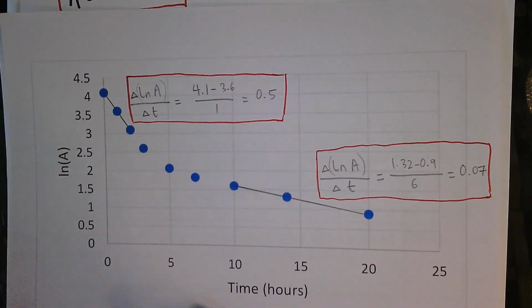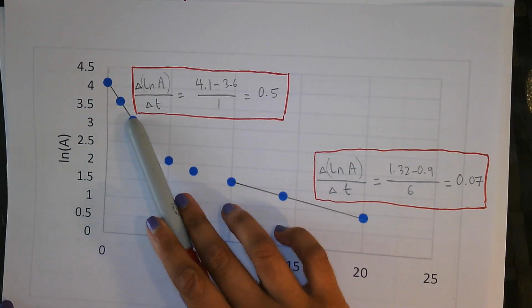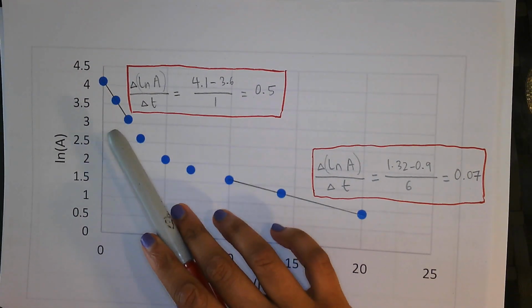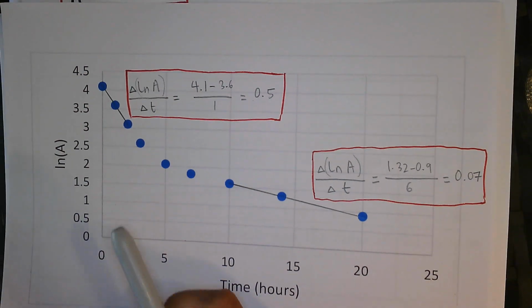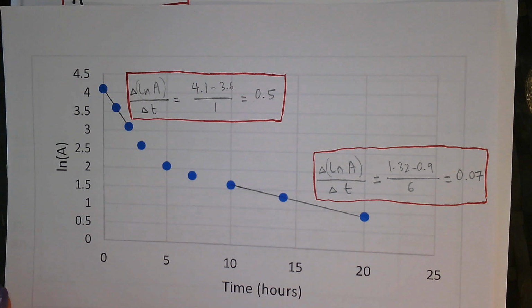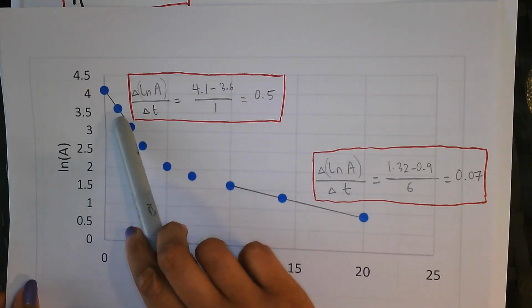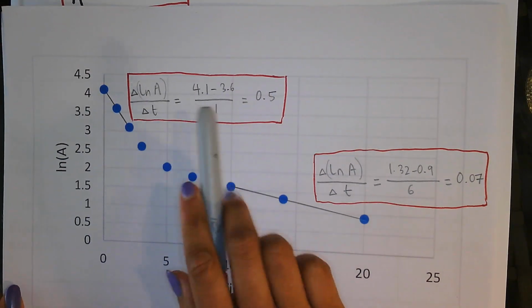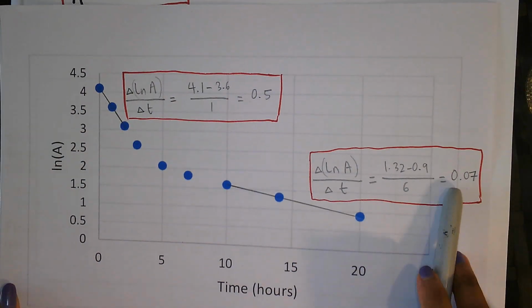So if we say that this gradient here is a kind of superposition between the activities of component 1 and component 2, and we're just trying to work out lambda 1, then we can say that lambda 1 is equal to the gradient of this line, so 0.5, minus the value of lambda 2 that we worked out before, 0.07.